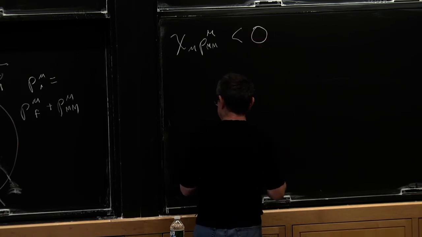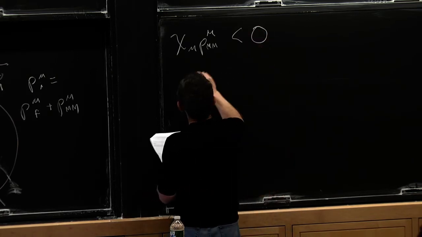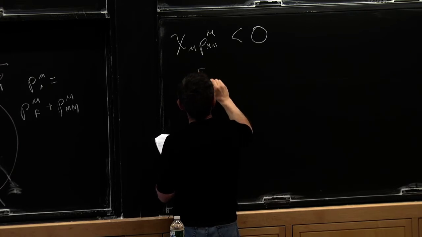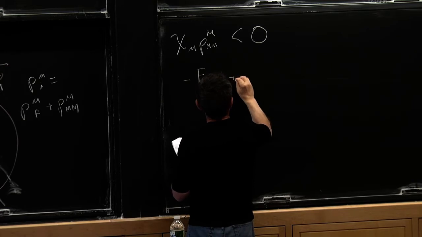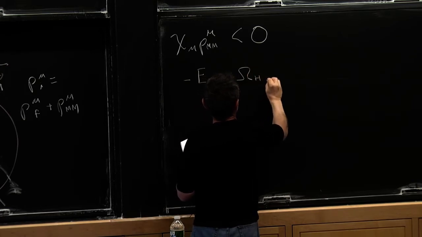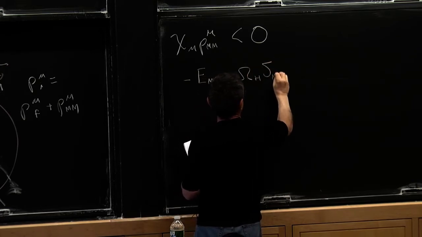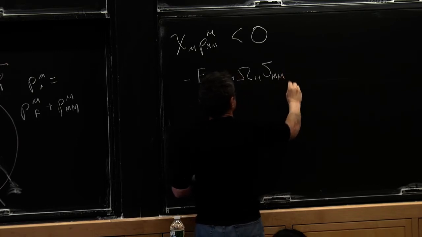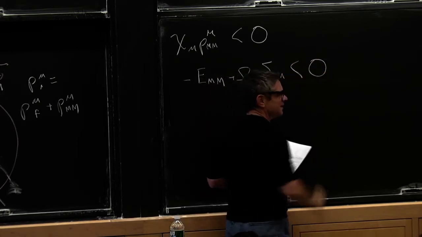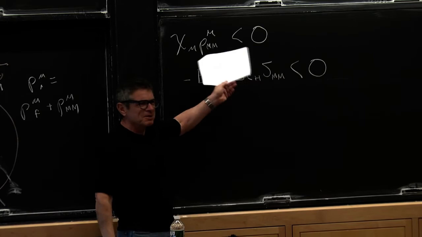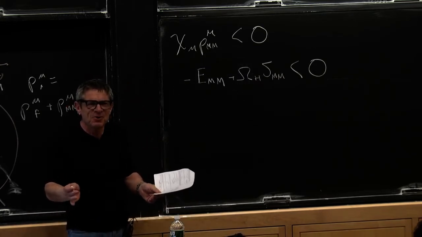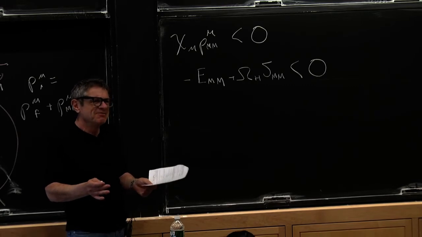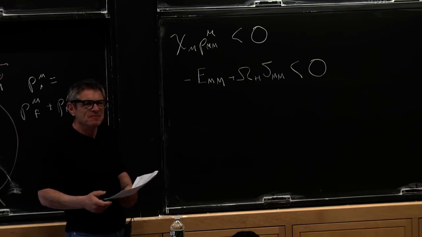So that says that minus E Matthew McConaughey plus omega horizon J Matthew McConaughey is less than 0. This is an incredibly simple two lines, and it's a kind of argument that gets used over and over again, and it's very powerful.